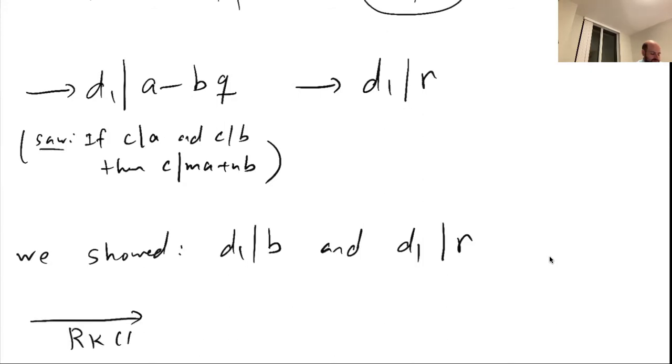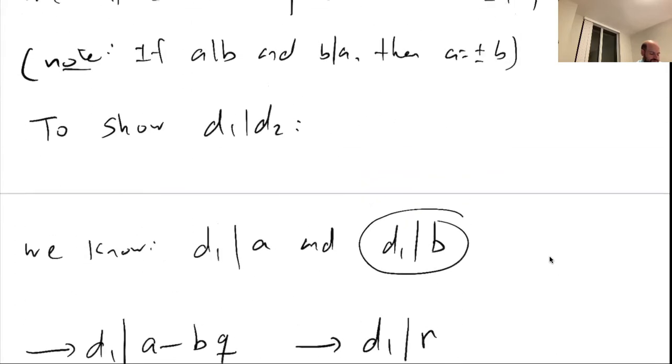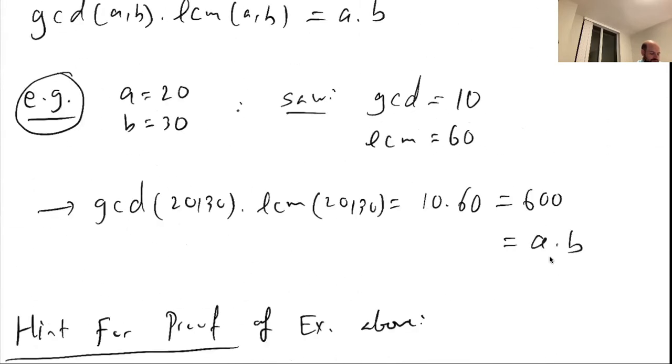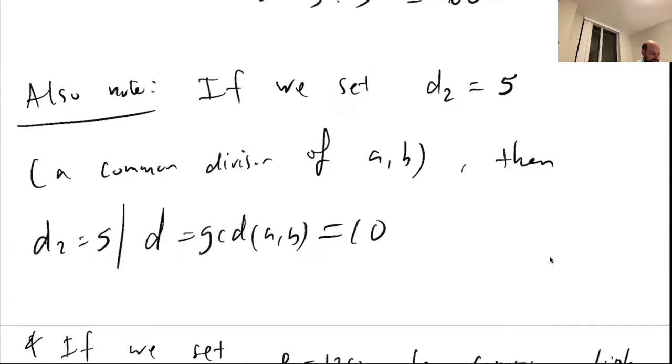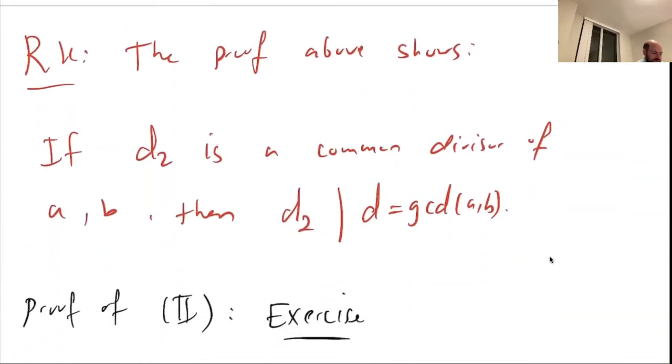Remark star above says that D1 divides the GCD of B and R, which I called D2. We call this one remark star.